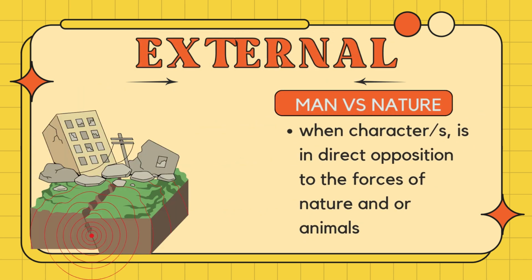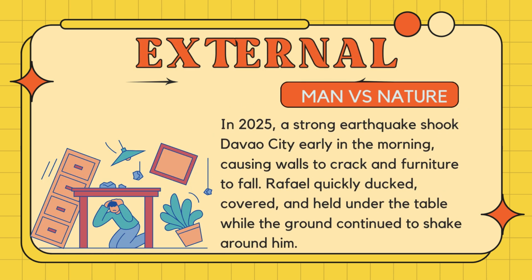The next is man versus nature. This is when characters face natural forces like earthquakes or wild animals. For example, in 2025, a strong earthquake shook Davao City early in the morning, causing walls to crack and furniture to fall.